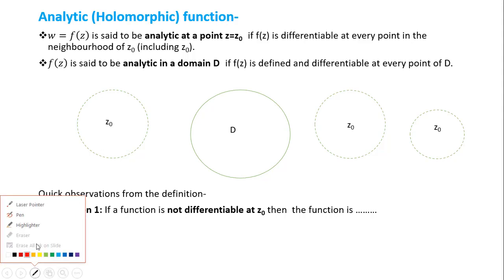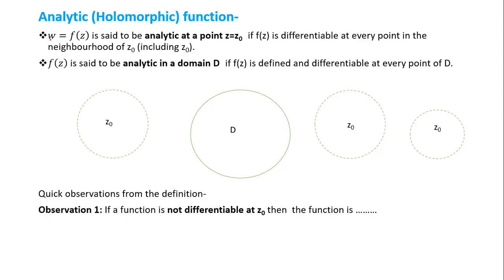A function w equal to f(z) is said to be analytic at a point z equal to z naught if f(z) is differentiable at every point in the neighborhood of z naught. This is z naught, and this is the neighborhood.